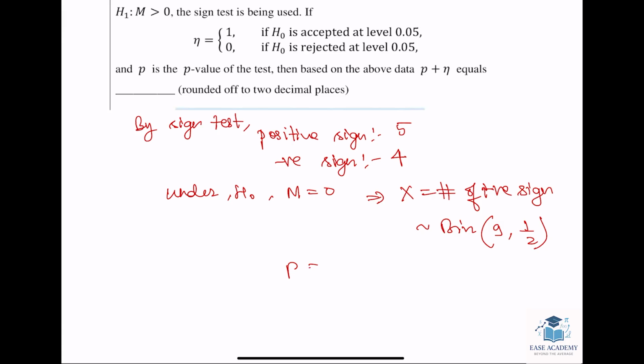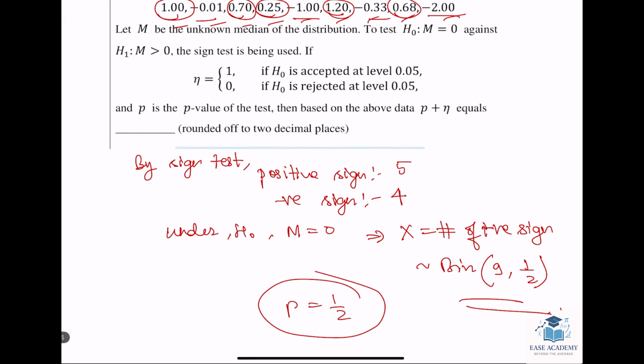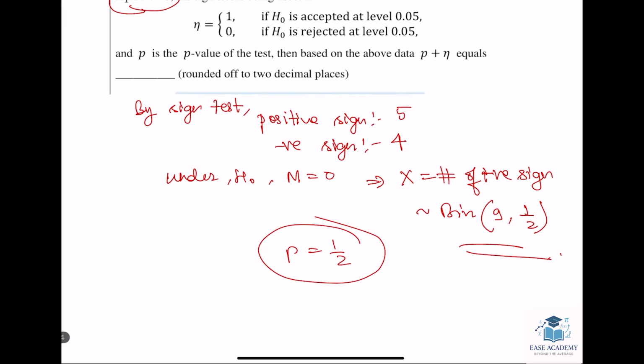Since probability is half, that is positive and negative signs are equally likely, that implies it is symmetric. So now in order to test under H0 that m is equal to 0 against m greater than 0, we have to find the probability that X, the number of positive signs, is greater than or equal to 5, that is the p-value.